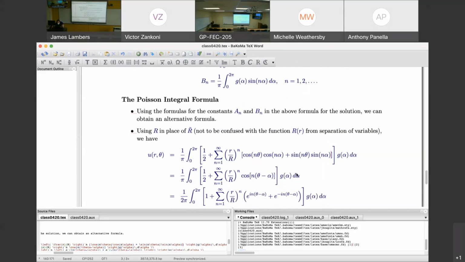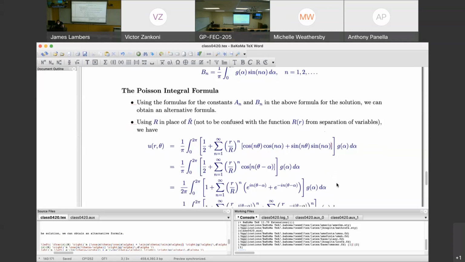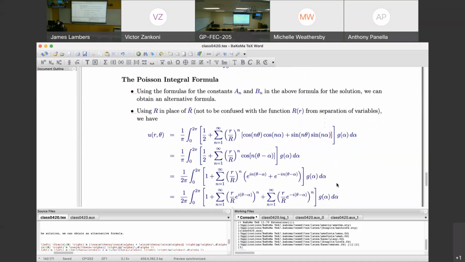Now, cosine of any angle can be written as e to the i times that angle plus e to the minus i times that angle, all over 2. The reason why this is helpful is now I can write every term in the summation as something raised to the n power.